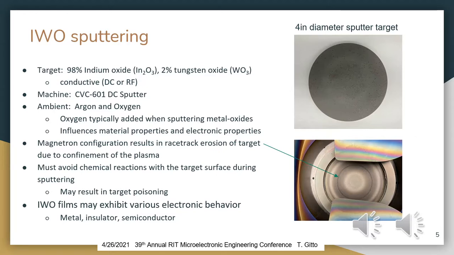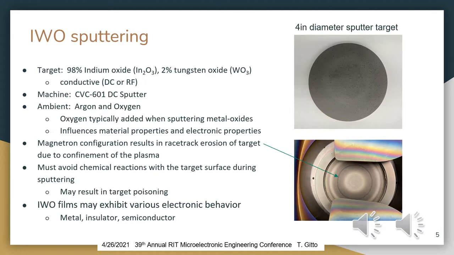So the magnetron configuration creates this racetrack erosion due to the plasma being confined at the target. This is very normal in most sputtering cases to have this racetrack due to the electromagnetic field that creates the plasma from the target.